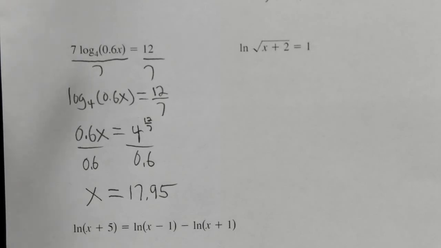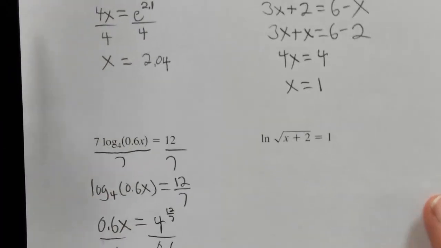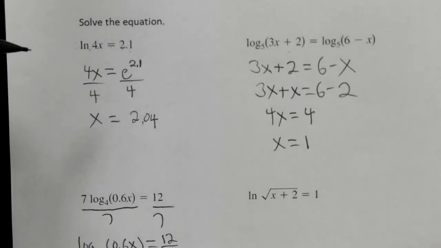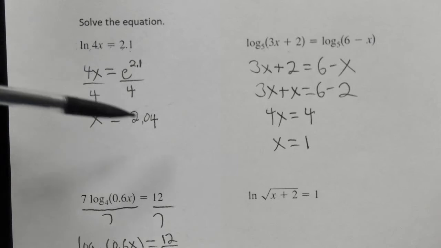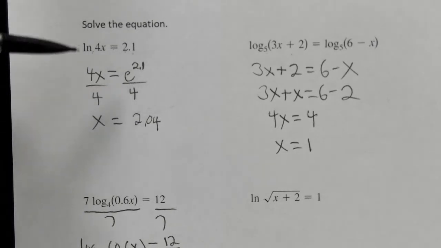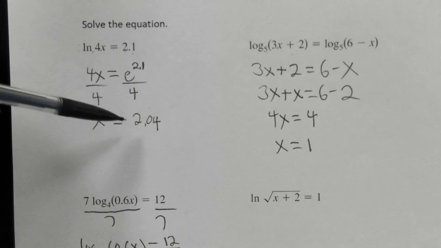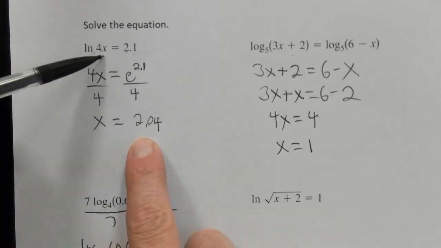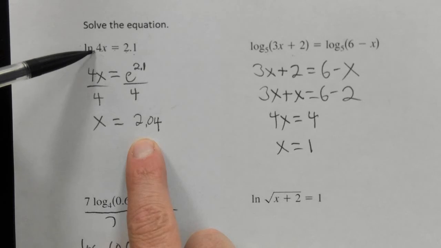An extraneous solution is a possibility on these. And remember, basically the extraneous solution that you want to check for is when you plug in, does it make you take the log of a negative number? Because remember when we first started talking about log, we said that number has to be positive, right? Or it can't be negative, right? So if I plug this in, would that make me take the log of a negative number? No, 2.4 times 4 is like 8 something, so we're good.